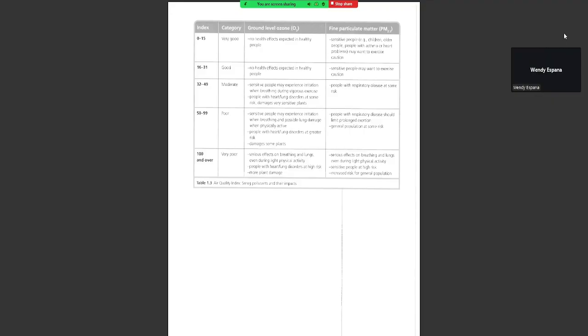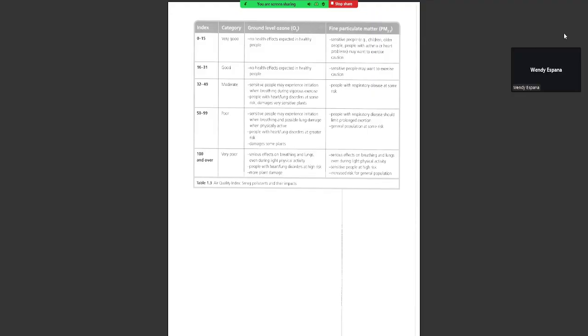And plant life is now at risk of getting damaged, especially if it's a sensitive plant. We know that some plant life is very sensitive. We talked about that with the pH levels. And so you have to be very sensitive now.